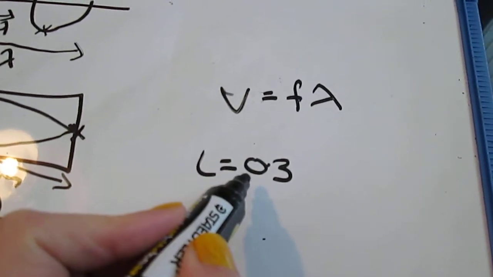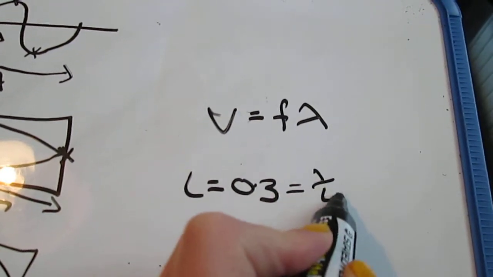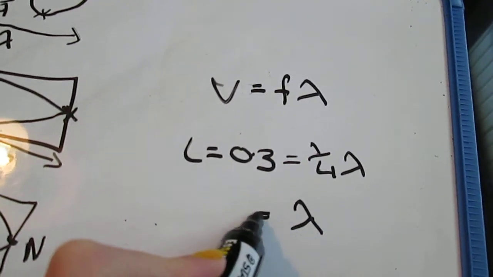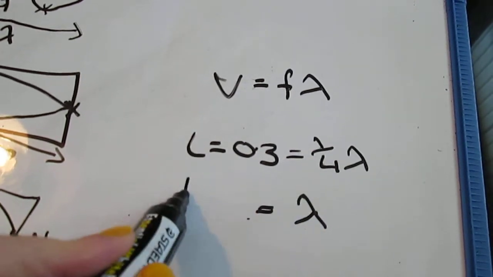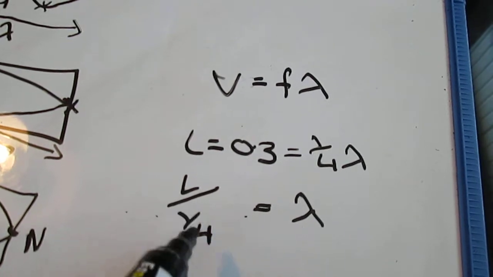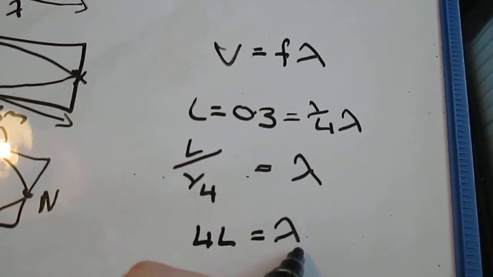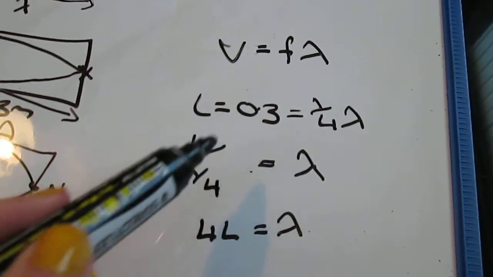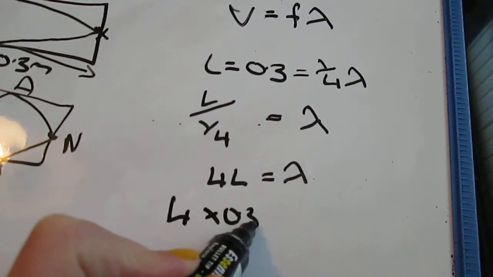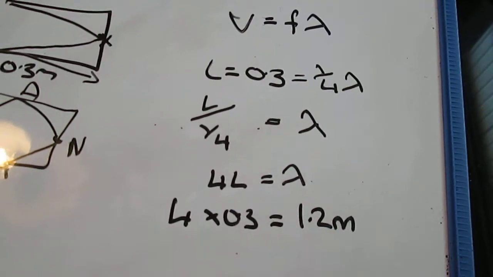So L is 0.3, that is equal to a quarter of a wave. So if I want to find my wavelength, it is going to be L over a quarter. When I divide by a fraction, we flip it, so it means 4L is equal to my wavelength. Now again, remember it tells me that L is 0.3, so it's going to be 4 times 0.3, and that's going to give me my wavelength of 1.2 meters.